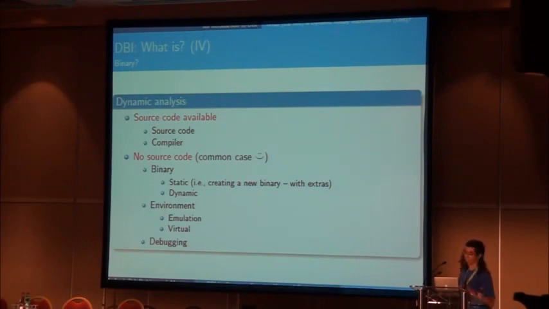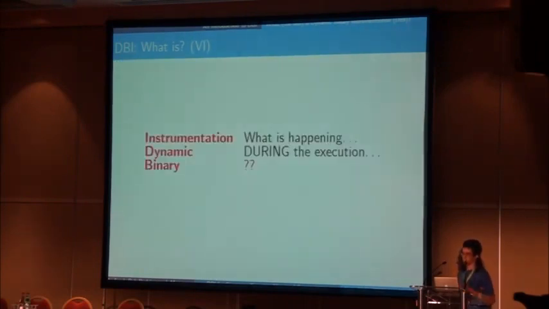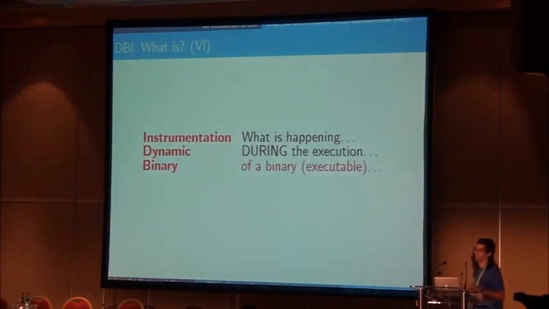This means that each time we want to instrument, we need to create a new binary with some extras, or we can do it in the dynamic way. We can also depend on the environment by using emulation or virtualization, or we can just make some debugging. Okay. So binary refers to the code of a binary or an executable code, in this case in Windows.